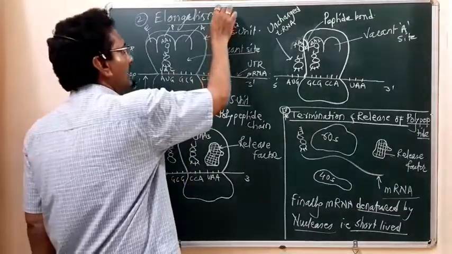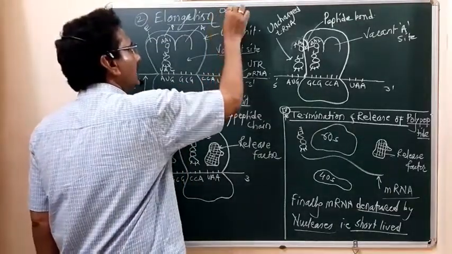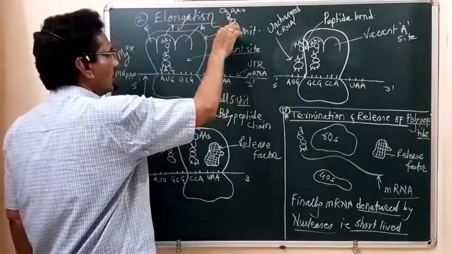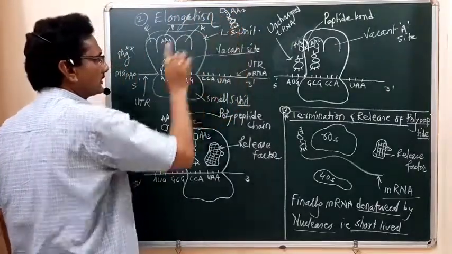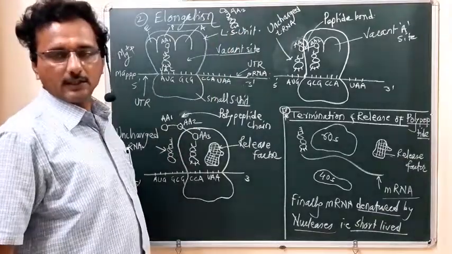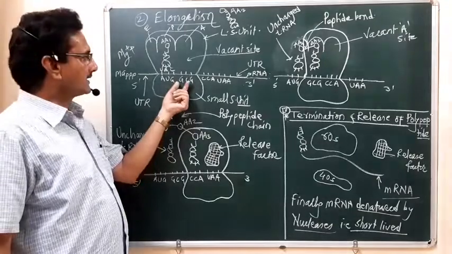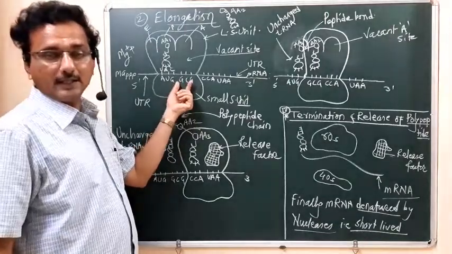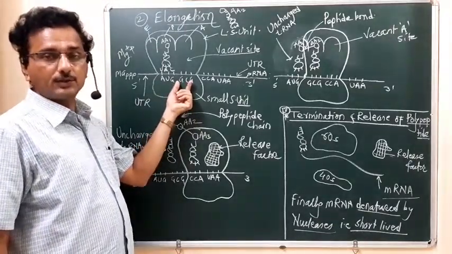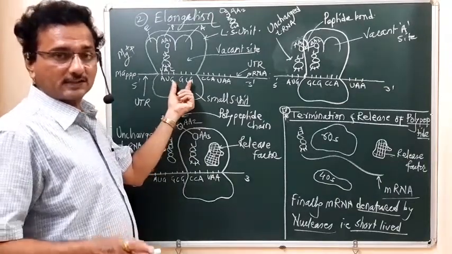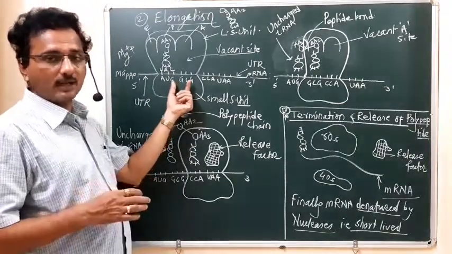So that amino acid is AA2. Okay, so this complex first forms complementary base pairing with the second codon of mRNA. In this sense, the recognition of the codon of mRNA is the first step during the addition of an amino acid.